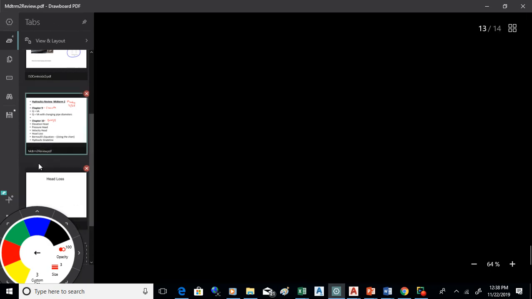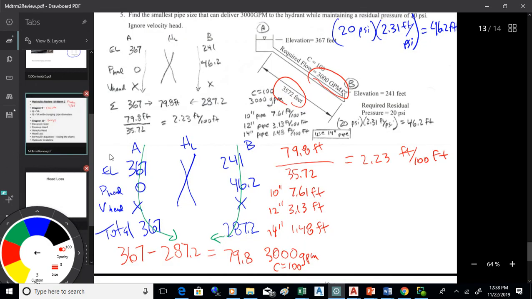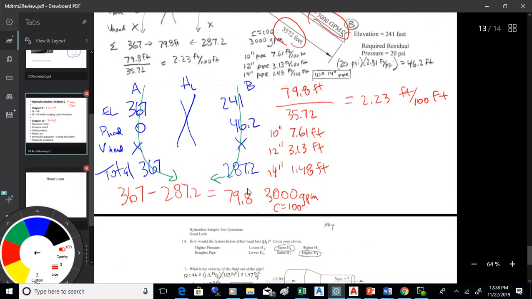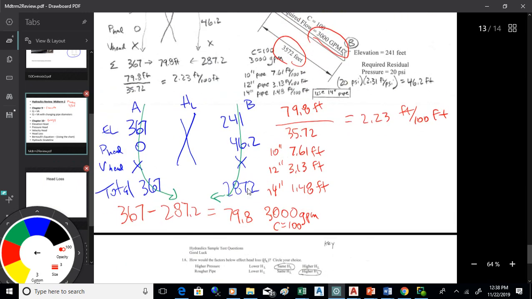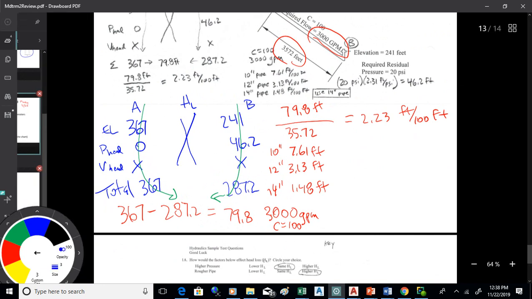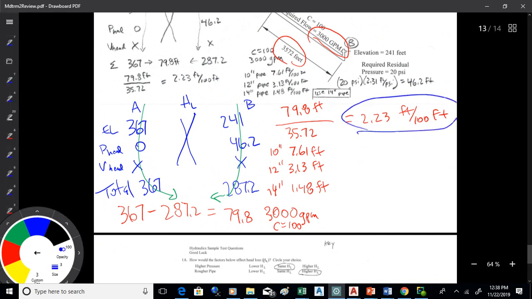The pipe that's going to do the job can't have more than 2.23 feet per 100 feet. So 10 inches is certainly too much, 12 inches is a bit much, but 14 inch will work. So you go with 14 inch pipe.